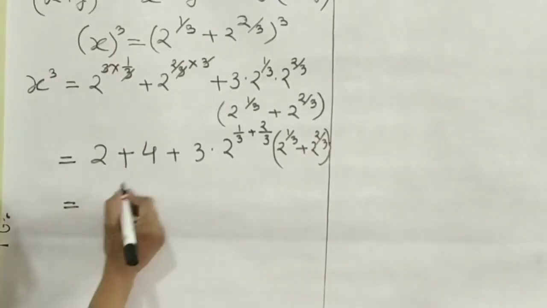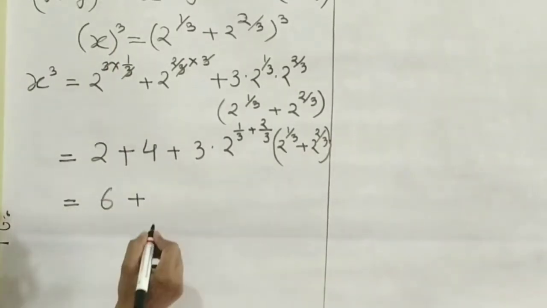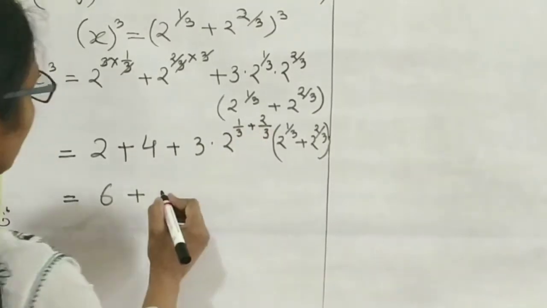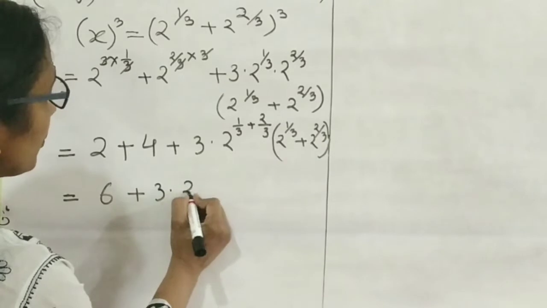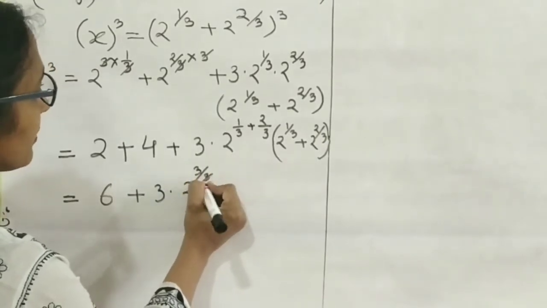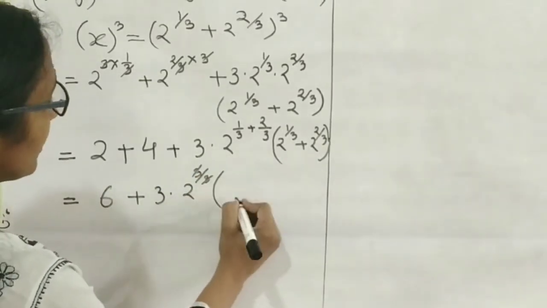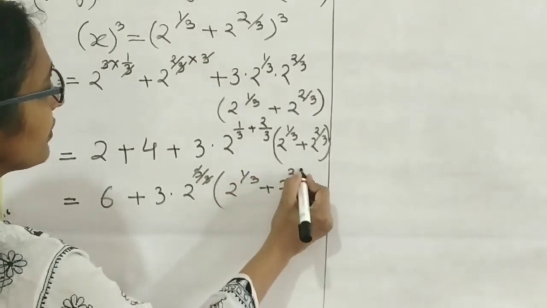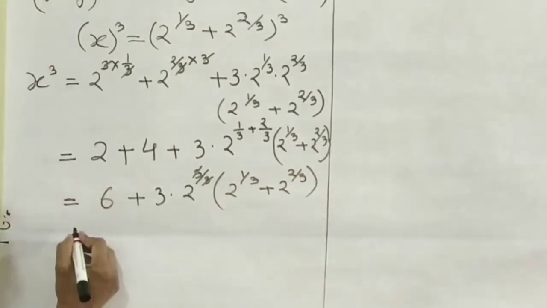So it will become 6 plus, now it will become 3 upon 3. So 3 into 2 to the power 3 upon 3 means 2 to the power 1, and 2 to the power 1 upon 3 plus 2 to the power 2 upon 3.